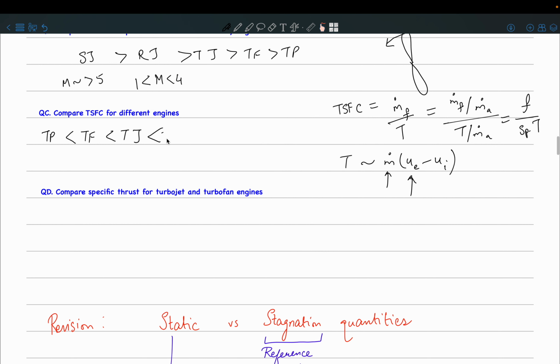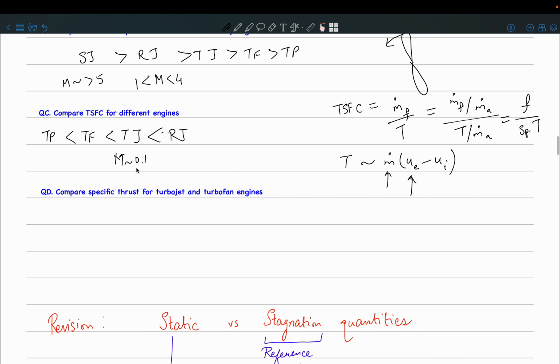See, you are going to let the combustion happen at very high pressures in ramjet. Even if it is in subsonic regime, it is going to be at very high pressures. Even if it is subsonic, it is not like turbojet, where Mach would be around 0.1 in the combustion chamber.